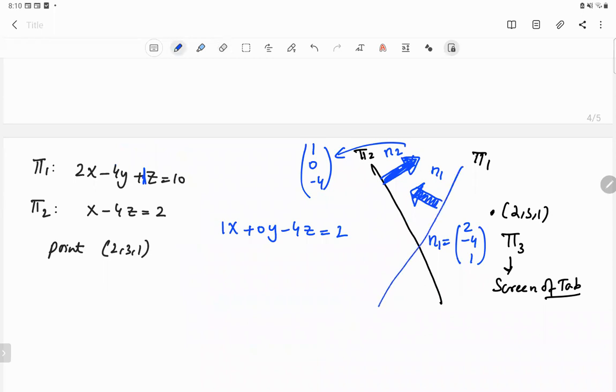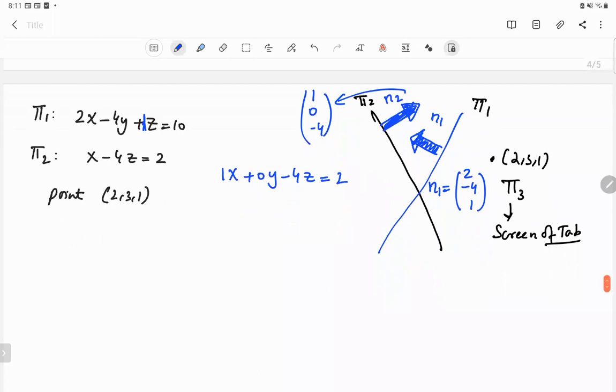I hope you understand how we have obtained these vector normals of plane phi 1 and plane phi 2. And a vector normal to this screen will be what?